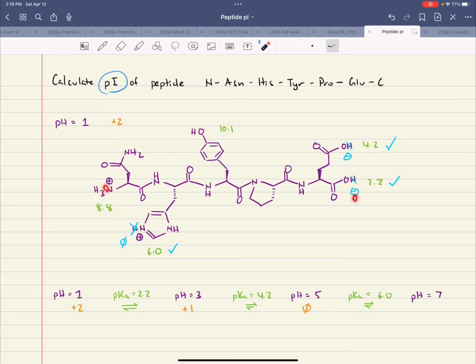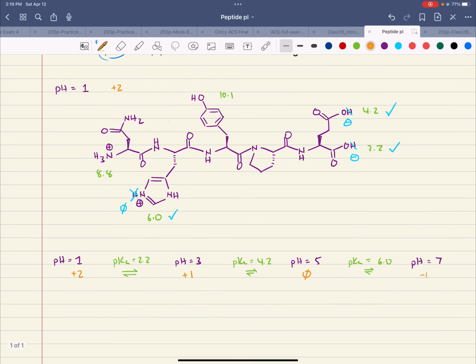So the positive and negative cancel out, but we have one more negative. That's -1. You could go further, but I already found the net neutral species right here. So you are really focused on this area of the pH range.